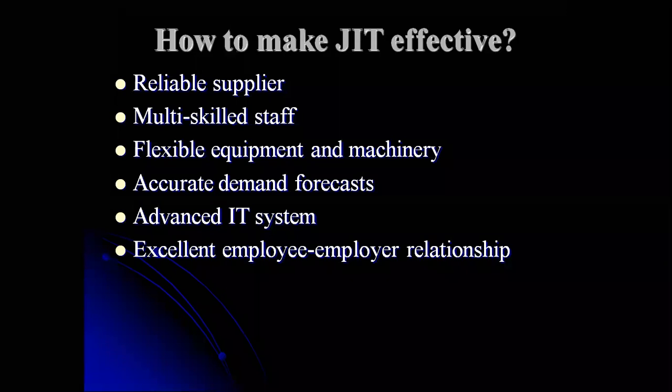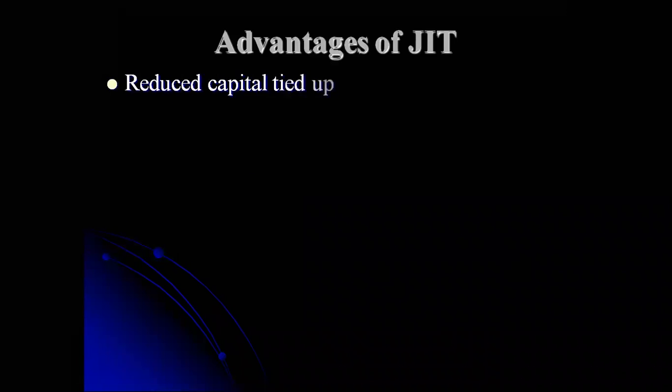All right, good. So moving on to advantages of JIT. Now, the first advantage is reduced capital tied up. It's easy. You know that when you buy inventory, let's say you buy too much inventory, and let's say it's not going to be used in the future. Obviously your money is tied up over there.